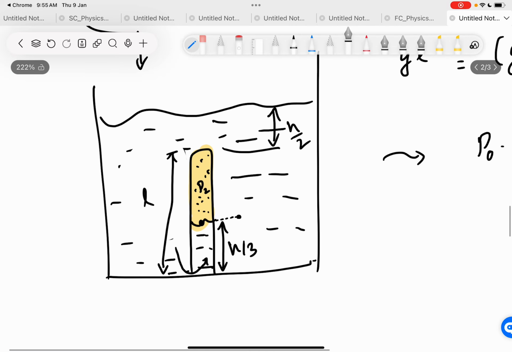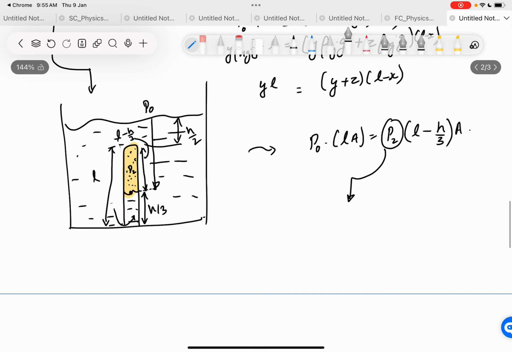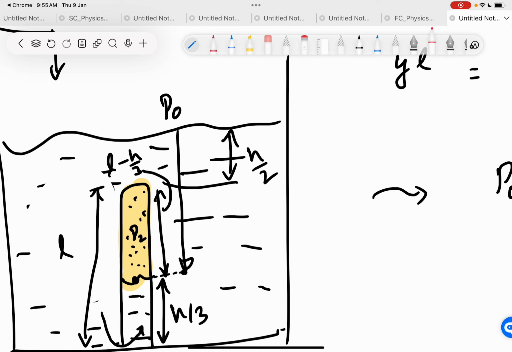And what is the pressure over here? It is P naught plus how much? You go all the way to this particular point. But what is this particular height over here? Is it not L minus H by 3? Yes. So you can write over here, if this is your L minus H by 3, then the P2 becomes P naught plus H by 2 for how much of height?